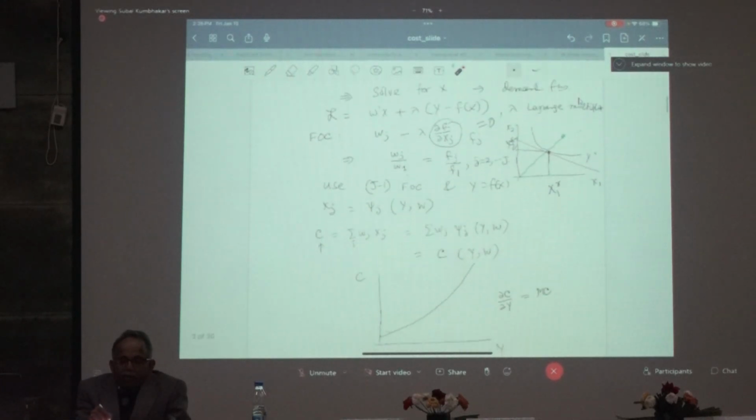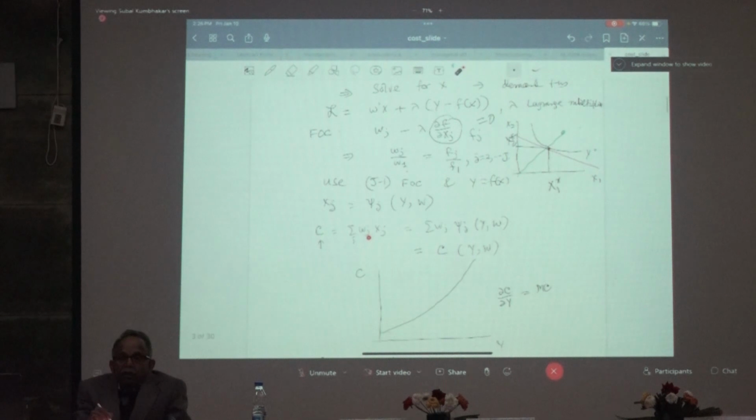Now you can plug those optimal quantities into the definition of cost. What is the definition of cost? Cost is the sum of the cost of each input. So Wj times Xj. So this Xj is coming from here. Okay, it's a function of y and w. So the cost is going to be a function of y and w.